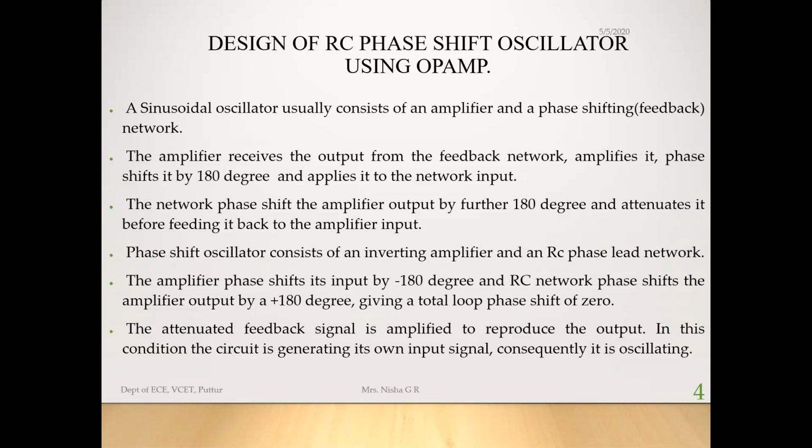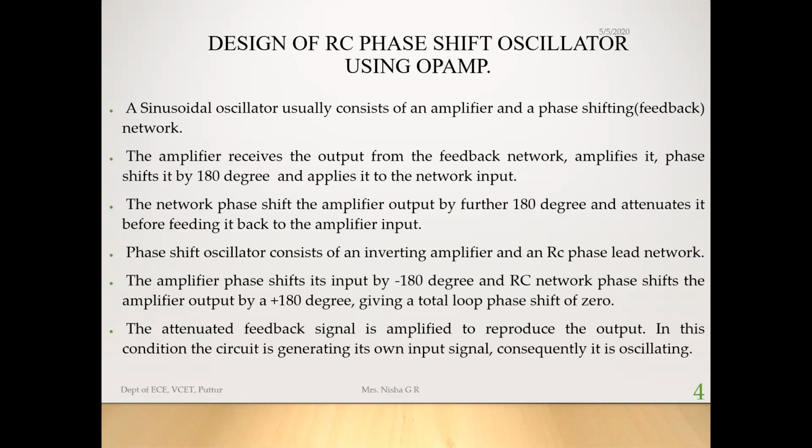So here we are going to study the RC phase shift oscillator. The very first point: a sinusoidal oscillator usually consists of an amplifier and a feedback network. Oscillator means it is going to give oscillations of desired constant frequency and amplitude without using an input.